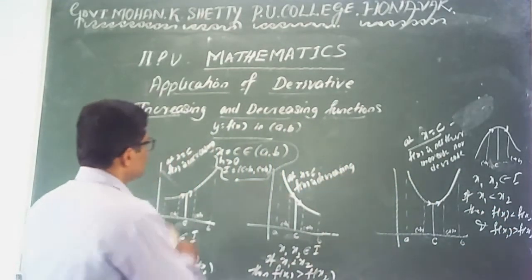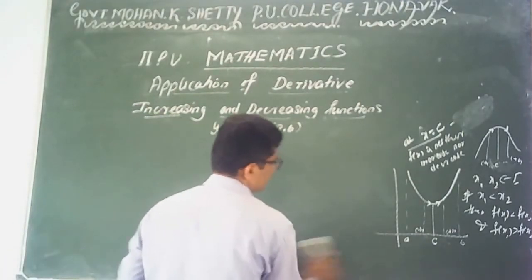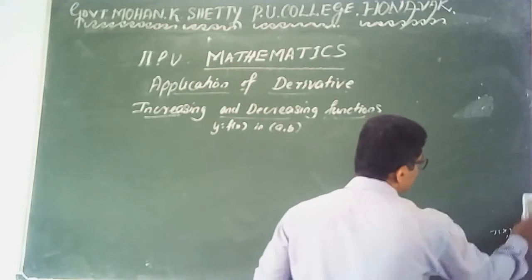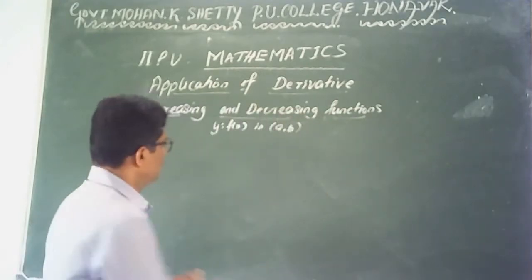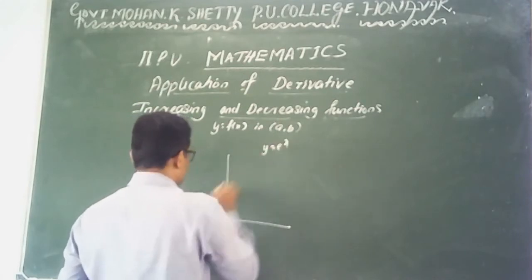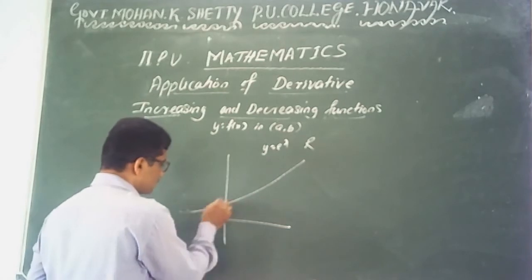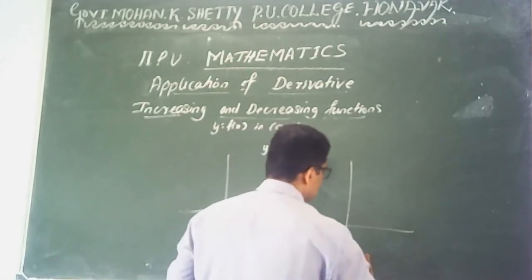And one more, suppose here you take the whole domain, a given domain, and verify. Suppose the function is y is equal to e raised to x, so like this. The domain is the set of all real numbers. The curve is like this. Or the log function, the curve is like this.